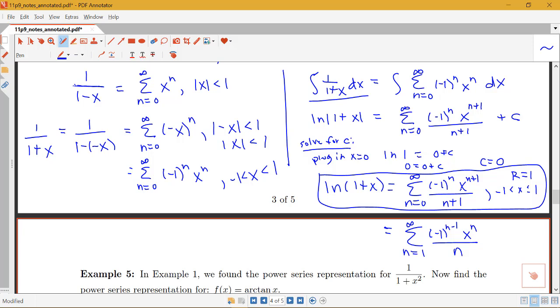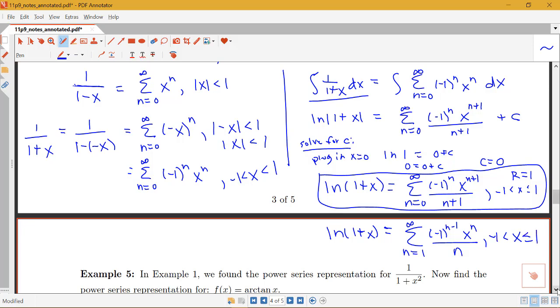Negative 1 to the 0 would be 1. When n is 0, this would be x to the 1 divided by 1 here. Notice that when n is 1, I'm going to get negative 1 to the 0, x to the 1 over 1. So this just reindexes it and tends to be the form in which this is often stated. Okay. And this is for x between negative 1 and 1.